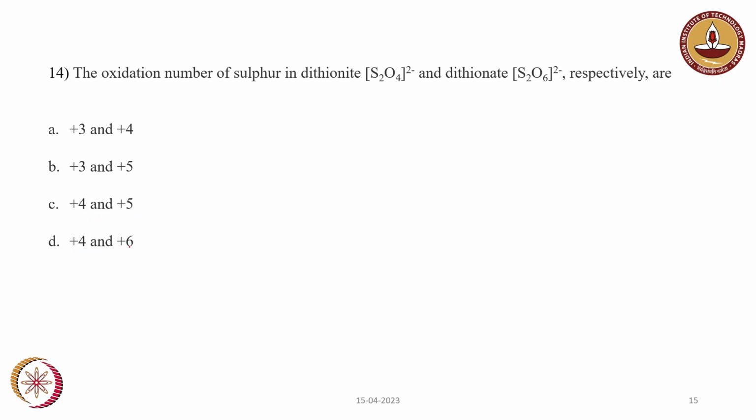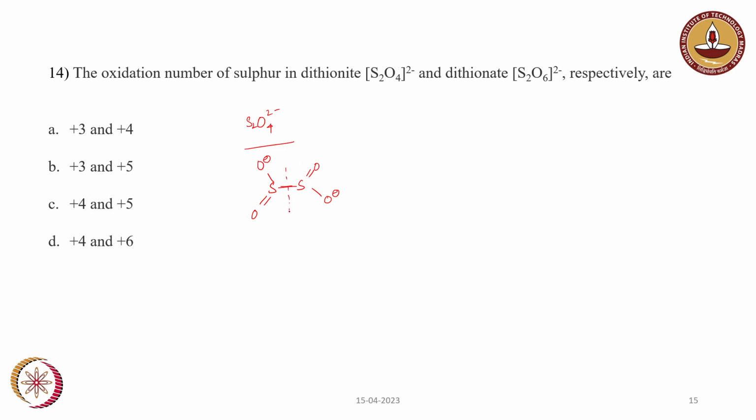So dithionate means two sulfur groups will be present with an S-S bond. So in S2O4 2 minus, S-S, double bond O, O minus, double bond O. To calculate the oxidation state, we don't need to consider this S-S bond.